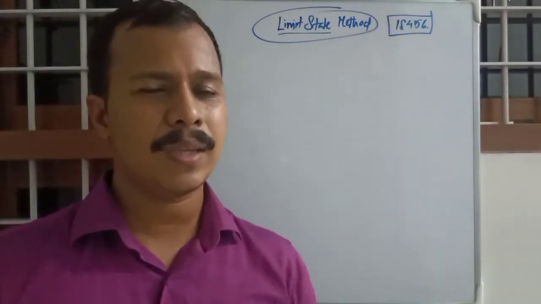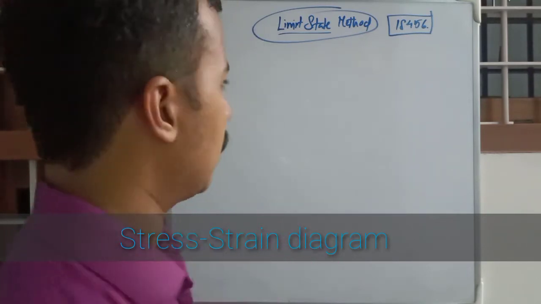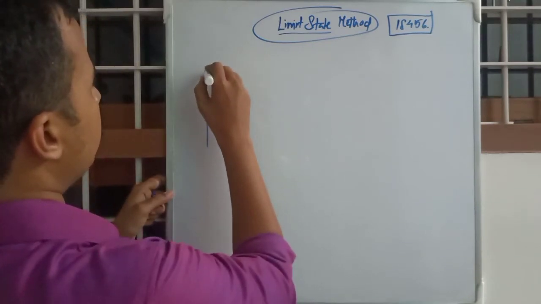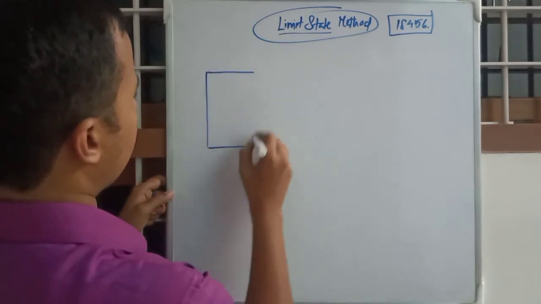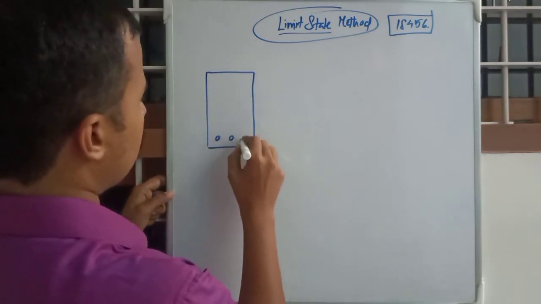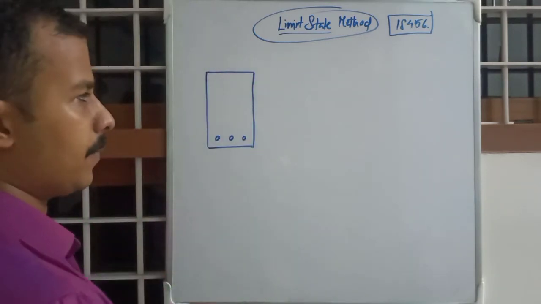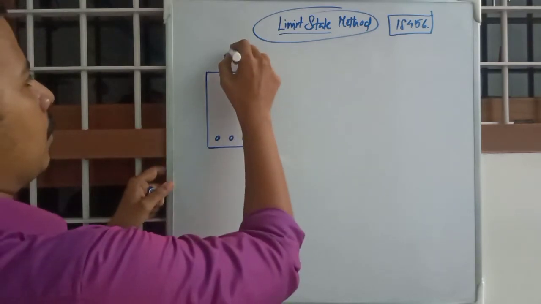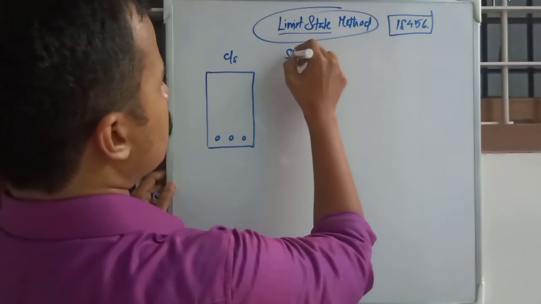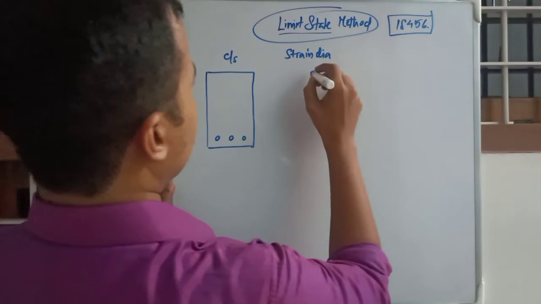Now we move on to the stress strain diagram of an RCC beam. If this is the RCC beam, you'll have steel reinforcements like this, and this is the cross section. You will have a strain diagram like this.